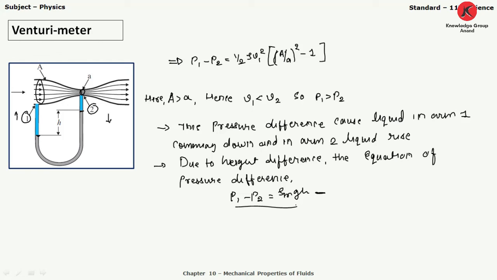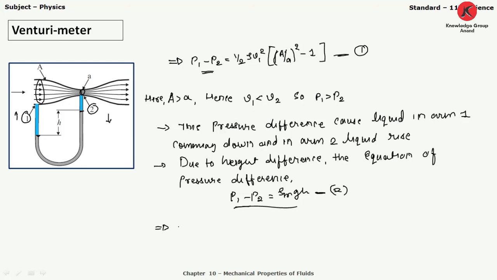Now comparing this equation, we have two equations: P1 minus P2 and this one is also P1 minus P2. Let's compare them and find out. Let's give the equation number 1 over here and equation number 2 over here. So equate equations 1 and 2. So what will we get?